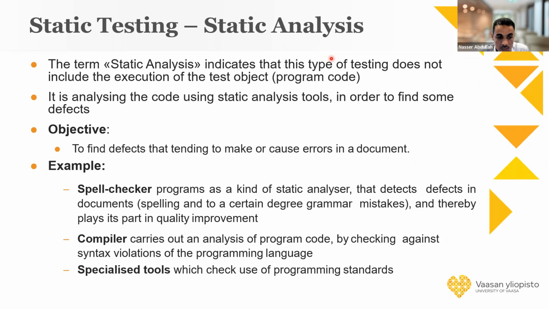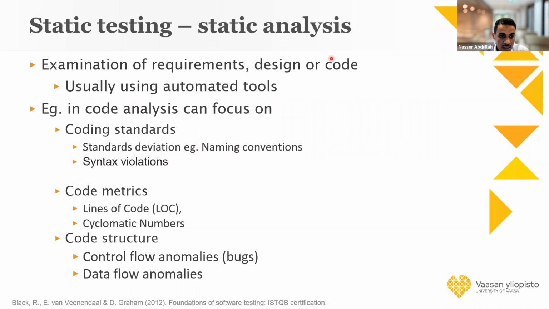Also, there are some special tools that can be used for static analysis, and we will see some methods that can be used for analyzing documents. What can we detect here?